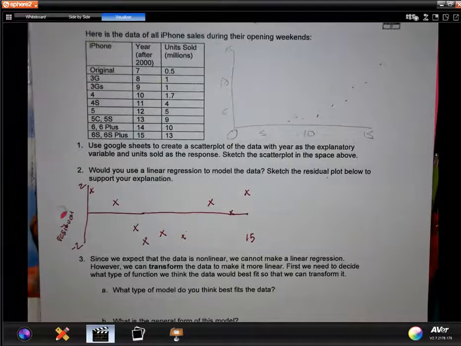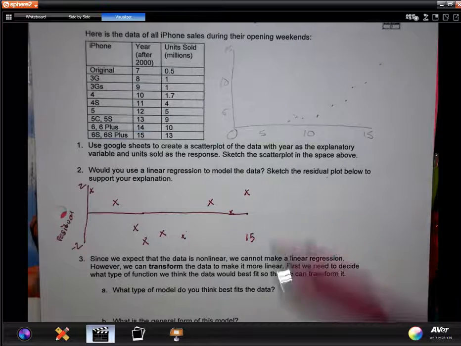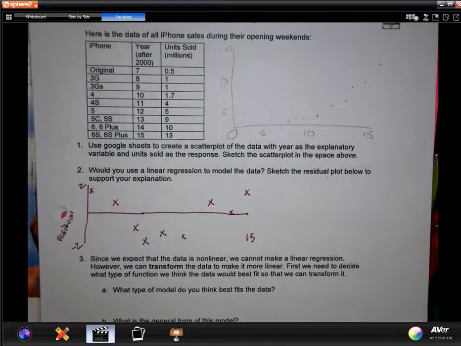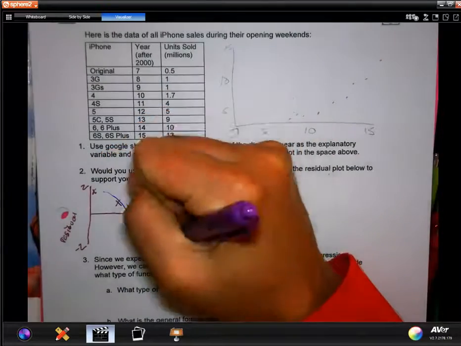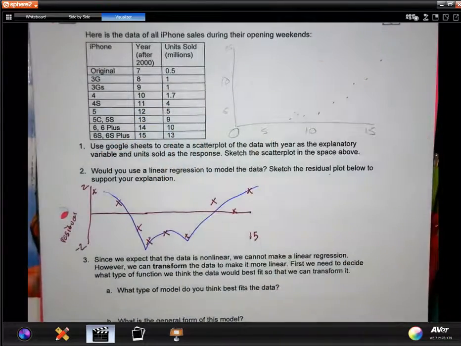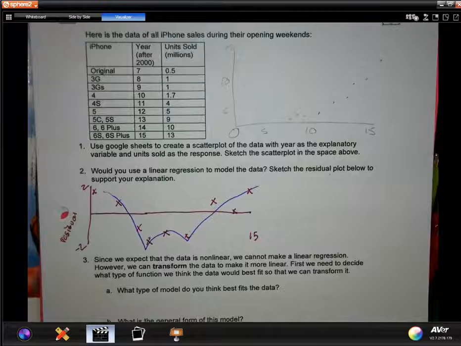It's curved, and then the residual plot is not linear, and it definitely has a pattern, right? It's got a pattern to it. Not very good, which tells us our linear model is not good. So just like yesterday, we're going to force it to be linear.